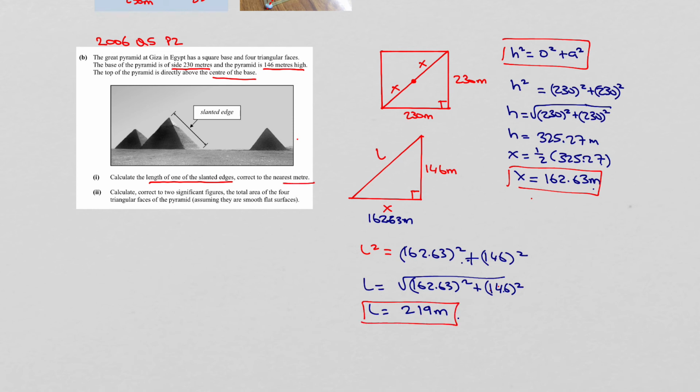So the second part of the question says, find correct to two significant figures, the total area of the 4 triangular faces, assuming they are smooth, flat surfaces. So let's look at one of those triangular faces. What we saw there is we've just worked out the slant lengths, which was 219, correct to the nearest metre, and 219.